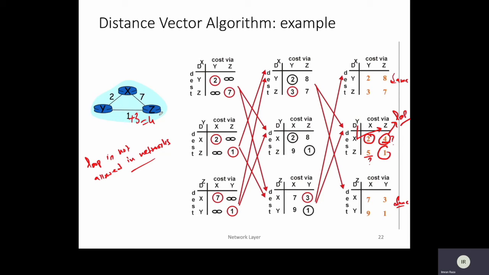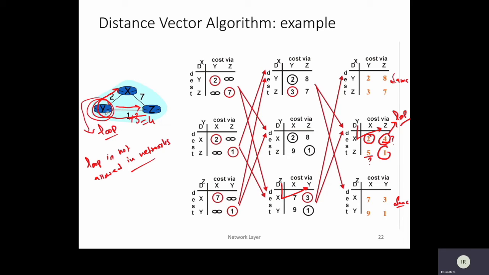So if this path is selected somehow, Y will first send a packet to Z. And look at Z's least cost to X. Let's go to Z. What is the least cost of Z to X? This least cost is via Y. So Z will send this message back to Y, and via Y it will go to destination X. So there is a loop here.